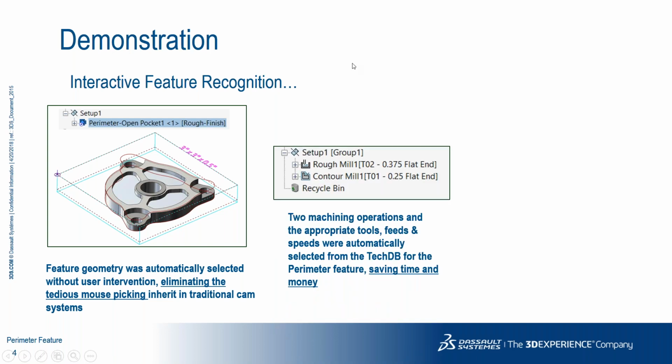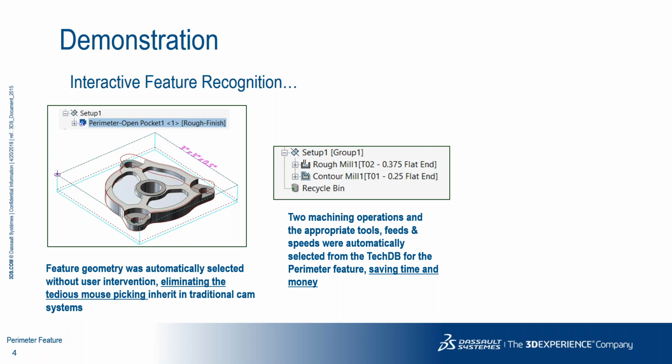The other thing that you saw was once we're feature-based like this, we can use the TechDB to find out how to actually machine a particular feature like a perimeter. In this particular case, the tech database automatically chose the correct feeds, speeds, and machining parameters.